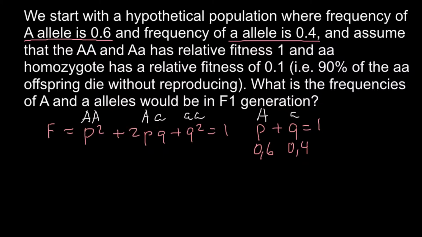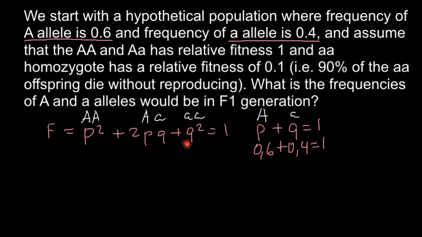As you see, if we add these numbers we get 1. So far so good. How can we use this information to find frequencies and apply this formula? As you see, the frequency of the q allele is 0.4, and in the formula we have q squared.